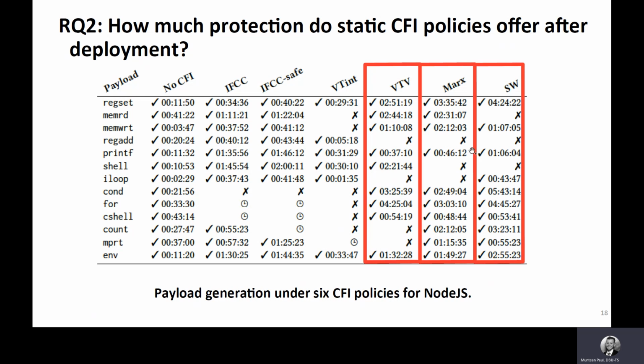As you can see, the time increases the stronger the CFI policy is. For example, for Shrinkwrap, Marx or VTV, we have timings of up to 5 hours and potentially even longer for searching for this type of primitives. And in some cases we didn't find them, because maybe the search space was small, or we could improve our searching algorithm.